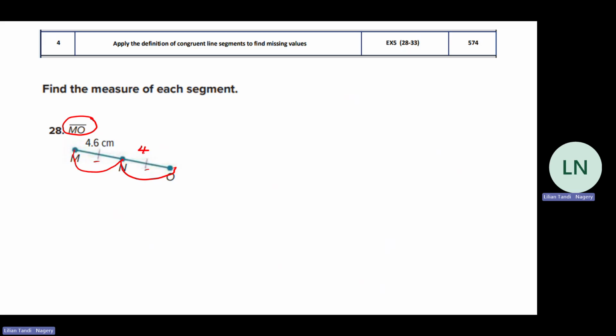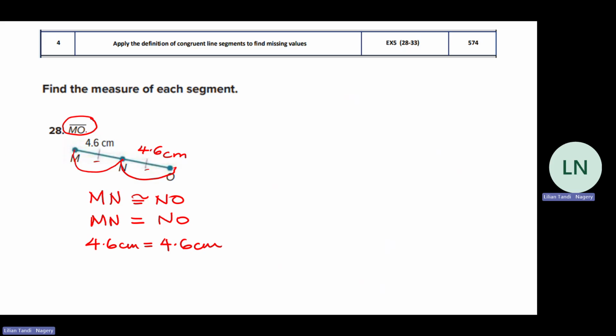So I will write here 4.6 or 4 6/10 centimeters, because it says MN is congruent to NO, which means MN is equal to NO. So from reading, I'm going to say MN is congruent to NO. What does that mean? It means MN is equal to NO. And what does this mean? MN is 4 6/10 centimeters. NO should be 4 6/10 centimeters.